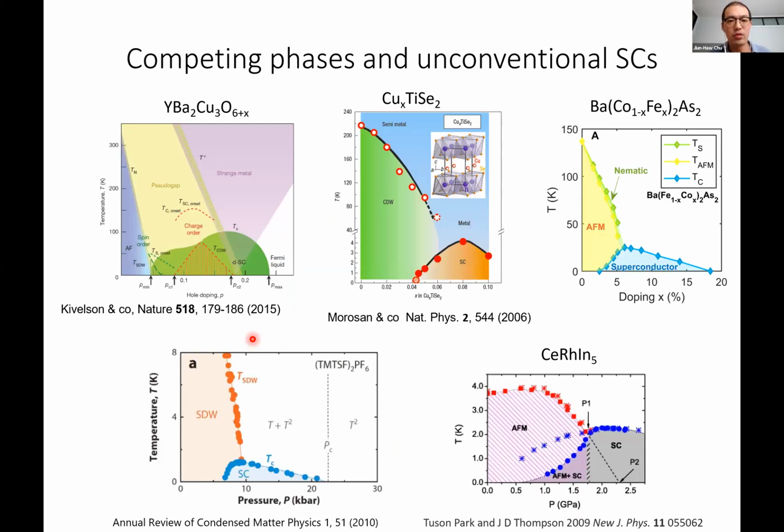In a broader context, if you look at the phase diagram of a lot of these high TC or unconventional superconductors, they all share a rather similar phase diagram where some symmetry breaking phase is suppressed and then superconductivity emerges. Here is the intercalated transition metal dichalcogenide. This is an iron-based superconductor. This is the organics phase diagram controlled by pressure, and this is the heavy fermion controlled by pressure.